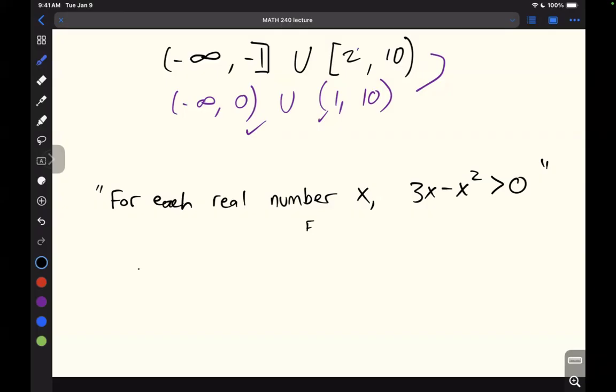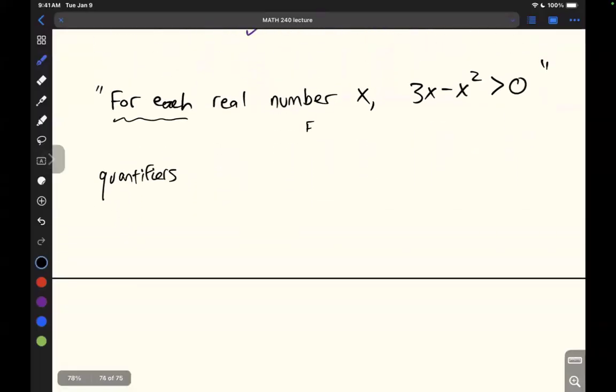And so there are quantifiers that help us say some specific words in these kinds of sentences, and we say it in symbols. And so we've got that sort of sentence.